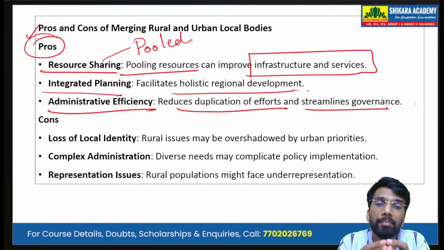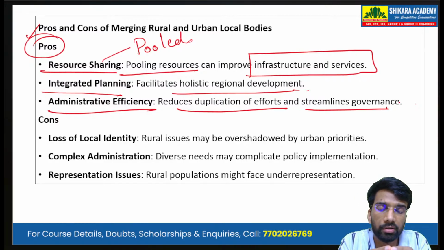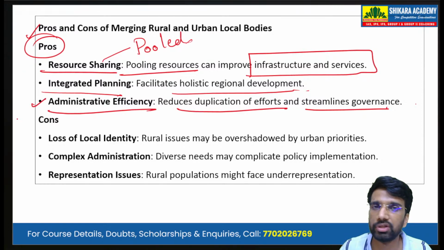In order to implement that particular scheme in the rural areas, it has to approach or coordinate with a different rural local body. Therefore, if the urban local bodies and the rural local bodies are merged, it will give administrative efficiency.